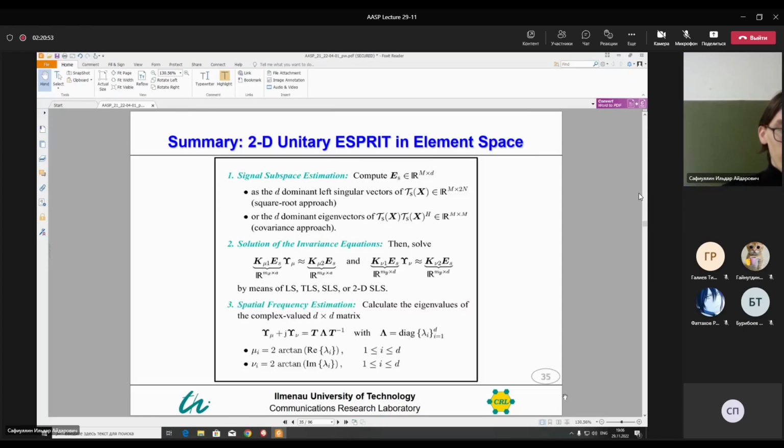And then we sum up these two matrices, calculate eigenvalue decomposition, and we find spatial frequency mu as 2 times arctangent of the real part of eigenvalue, and the spatial frequency nu as 2 times arctangent of imaginary part of our eigenvalue.